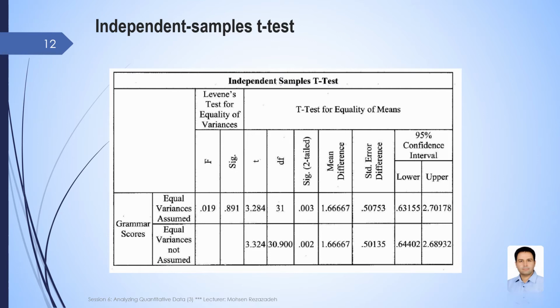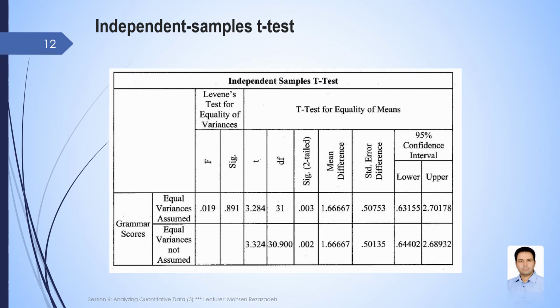In this example, Levene's test does not show significant results. The value is 0.891. This value is higher than 0.05. Therefore, it does not show significant results.